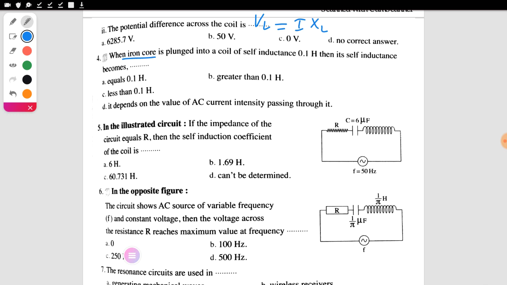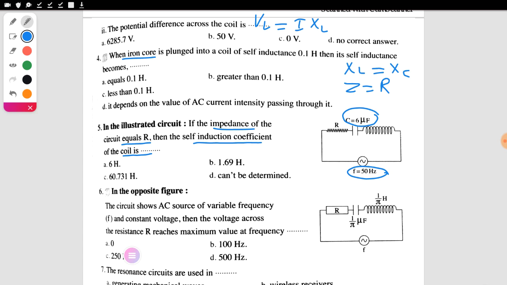In the next question, the impedance of the circuit equals R, and we need the self-induction coefficient. In this circuit, the capacity of the capacitor is 6 microfarad and the frequency is 50 hertz. If the impedance Z equals R, this means the circuit is in resonant state and XL equals XC.